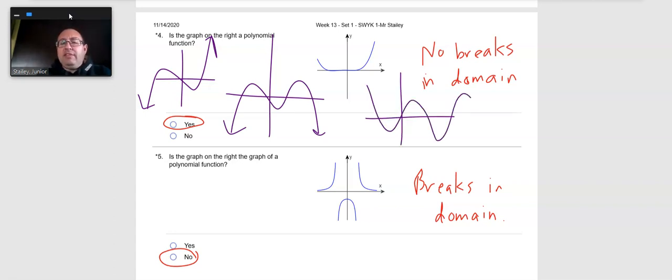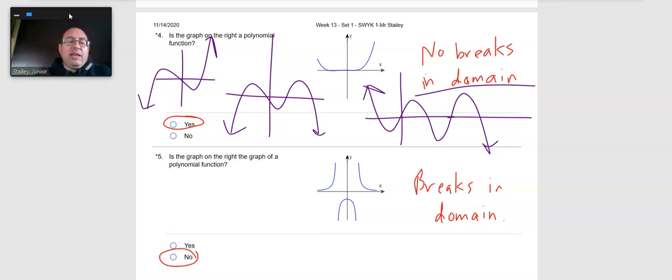Even if it's some fancy looking thing, a fifth degree polynomial, whatever, you never have a break in the domain of the graph. Okay? You never pick up your pencil when you're graphing it. That's how I know that this number 4 is a yes. But number 5 is definitely a no. There's definitely breaks in the domain.